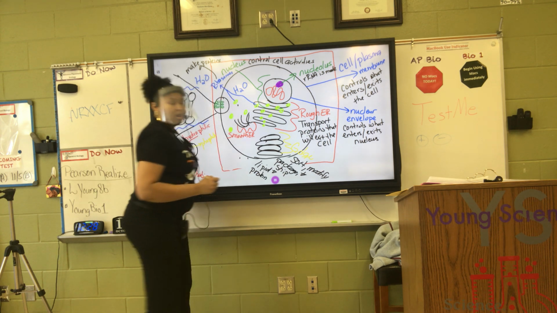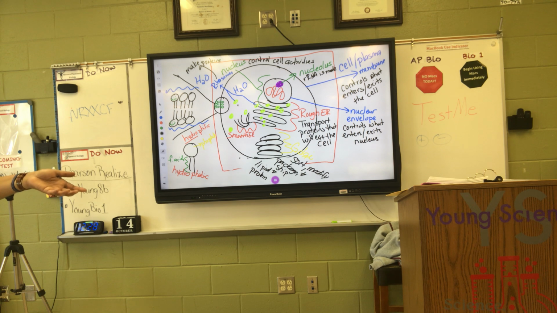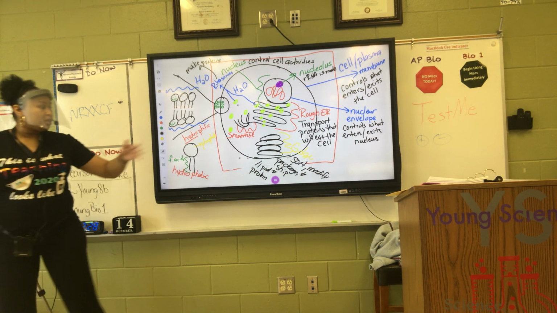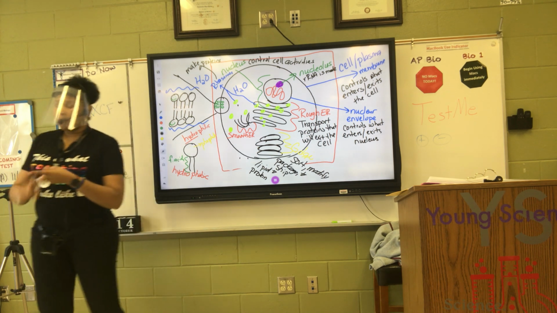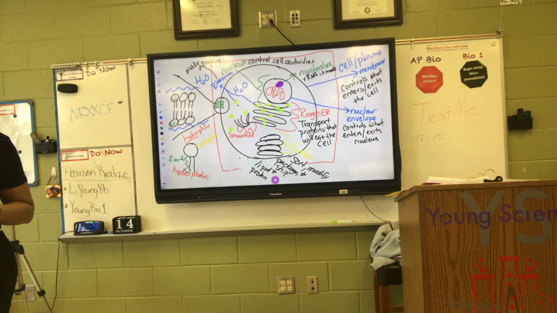So why do you think it's going to be near the ER? Because they make lipids and proteins, right? So I'm going to be near what I need to do my job. The job of the Golgi is to sort, modify, package, ship lipids and proteins.